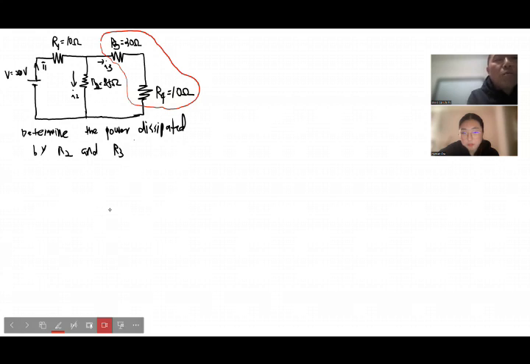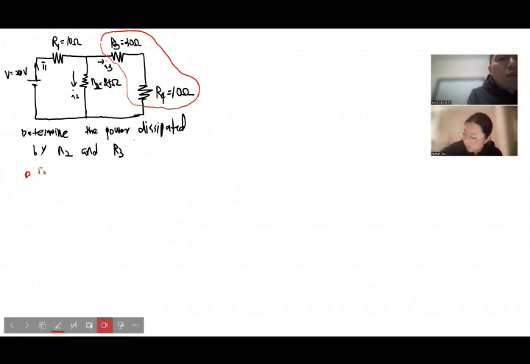So we have to very carefully deal with the equivalent resistance out of these multiple connections of multiple resistors. The first step is to figure out the equivalent resistance along which the current passes.